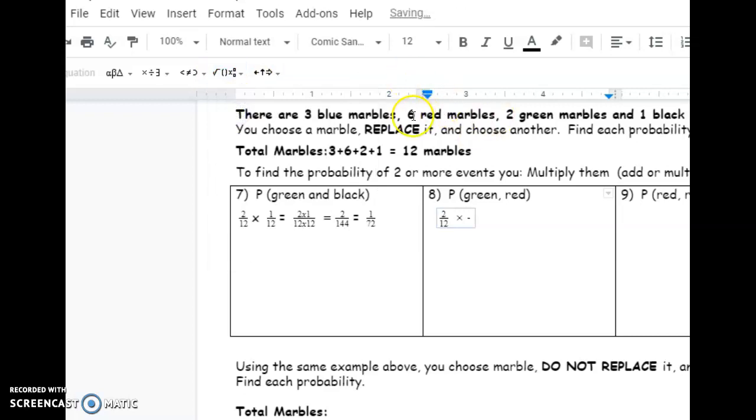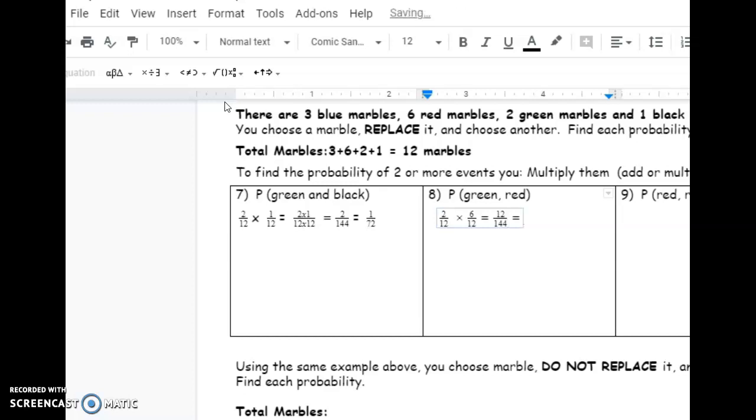We have 6 red marbles, so 6 over the total amount of marbles, which is 12. Now 2 times 6 is 12, my numerator, and 12 times 12 was 144, my denominator.